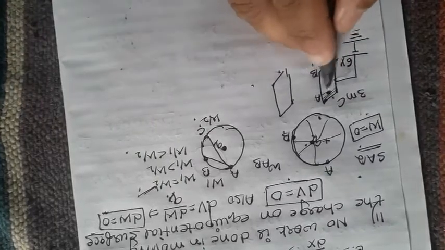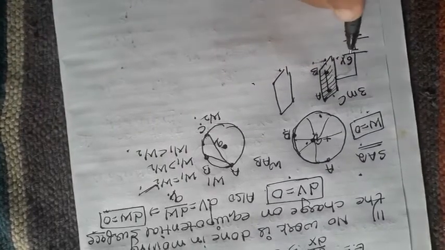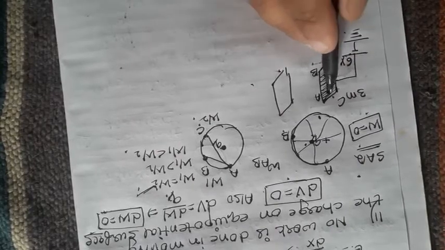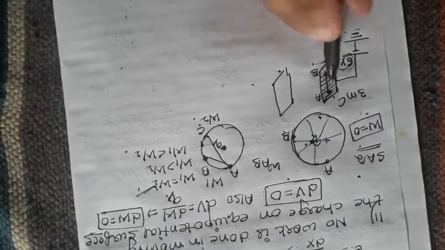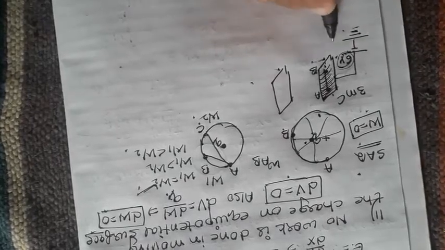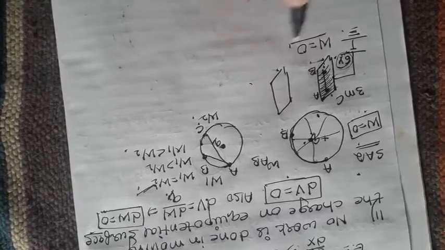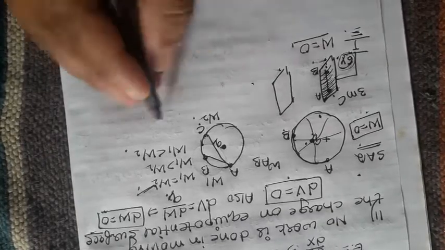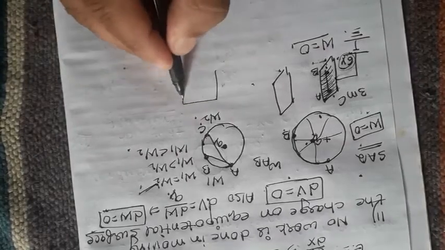This is a plate at 6 volt. With the battery, all the points on this plate are at 6 volts, so it becomes an equipotential surface. If it is an equipotential surface, again the work done will be 0.